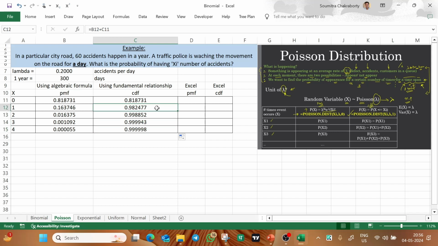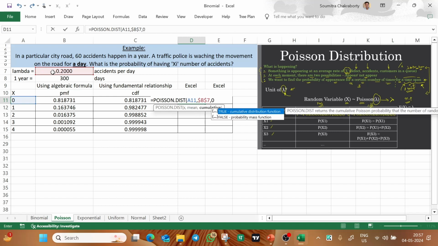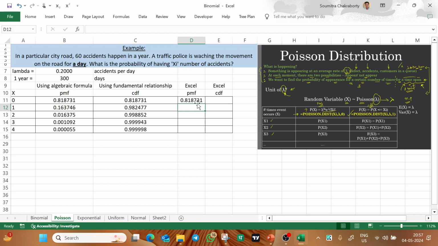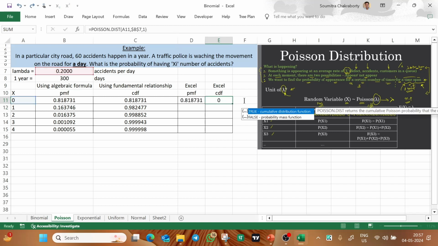Okay, and then if you want to calculate the values using the Excel function directly, then use Poisson distribution, then xi, then your lambda, and then 0 if this is PMF. Otherwise, 1 for CDF.